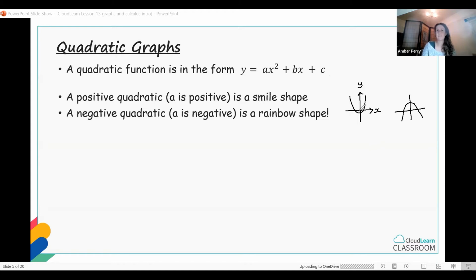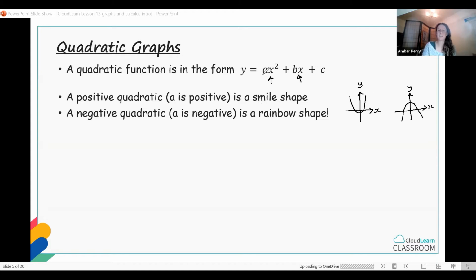If it's going through y, then x is 0. So if I put 0 into the x's there and there, all of this becomes 0. So the only thing left is C. That's the point where it cuts the y-axis.